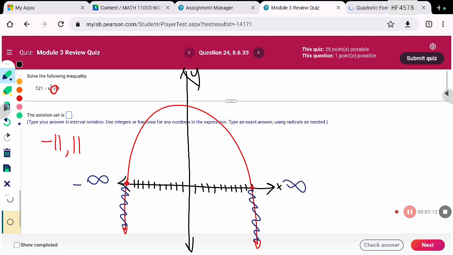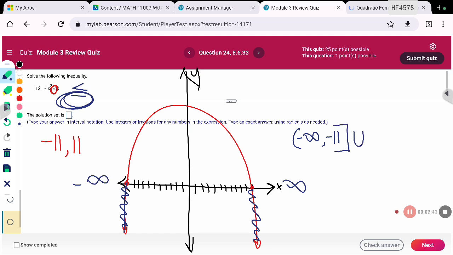The first time we run into the graph, coming in from here, it's below 0 until it gets to negative 11. So from negative infinity to negative 11, now this negative 11, since it's less than or equal to, I want to include that negative 11 in what I'm talking about, so it gets a bracket.